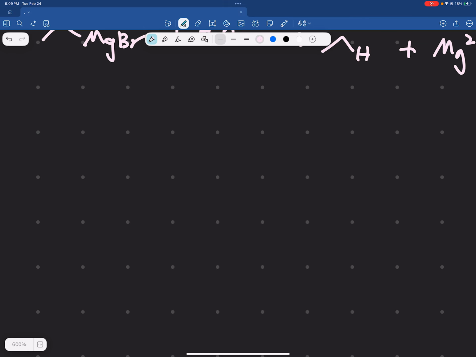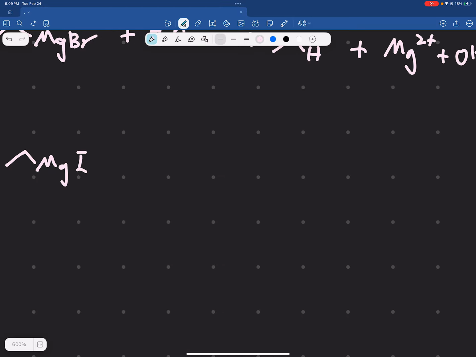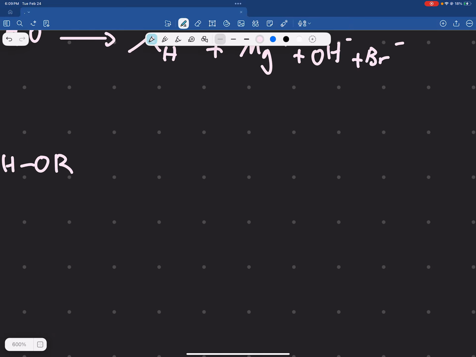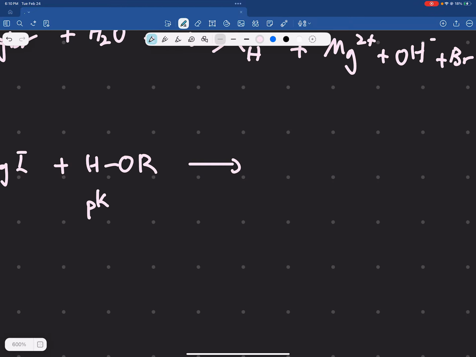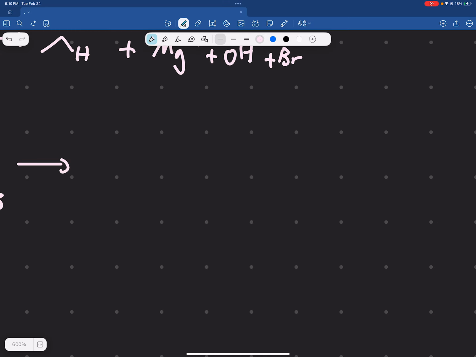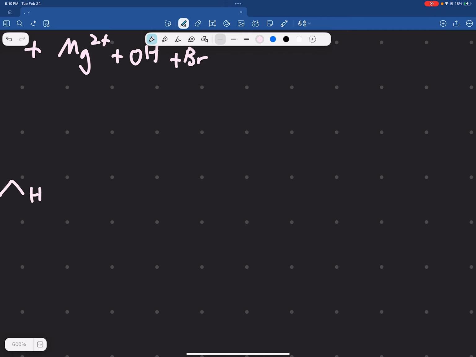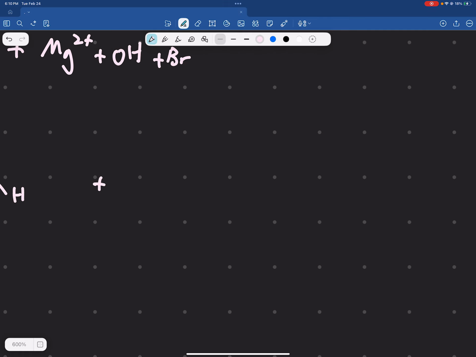If we have a Grignard reagent, something like this, MgI, with an alcohol, with a pKa of, let's say, 16 to 18, this is going to form an alkane and a magnesium alkoxide.